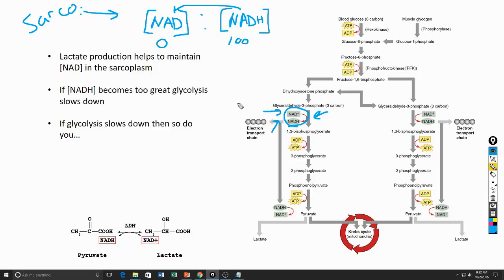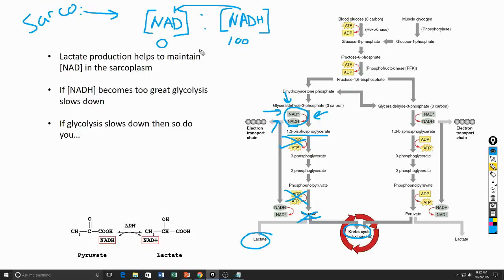Now, NADH is useful in a different energetic system, but for glycolysis in the sarcoplasm, it's useless. I get nothing out of that. If I can't do this, I don't get this. I don't get this, and I don't get this or that. I get nothing. Don't get this energy, don't get that energy. I get nothing.